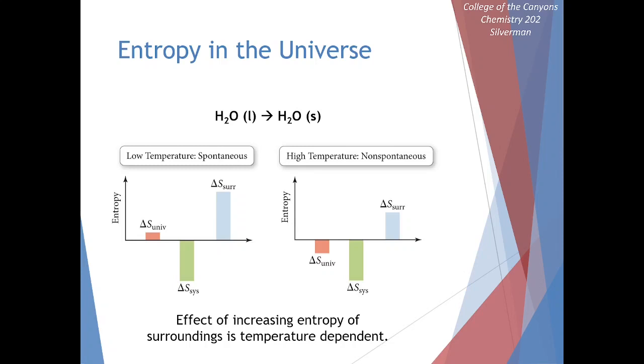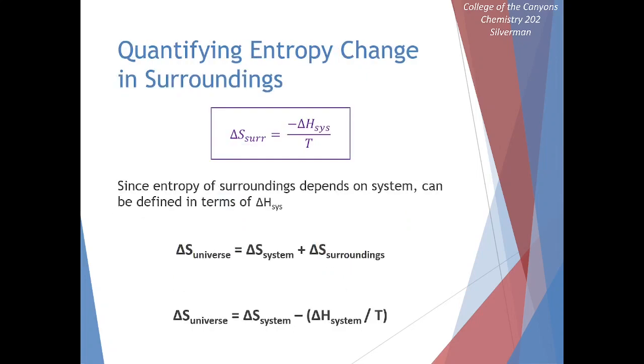We can quantify this. The change in entropy for our surroundings is going to be related to the change in enthalpy for our system divided by the temperature, and we'll multiply by -1 to make sure that our sign conventions match up. We end up with this expression: negative delta H over T for our system is equal to the change in entropy for our surroundings.